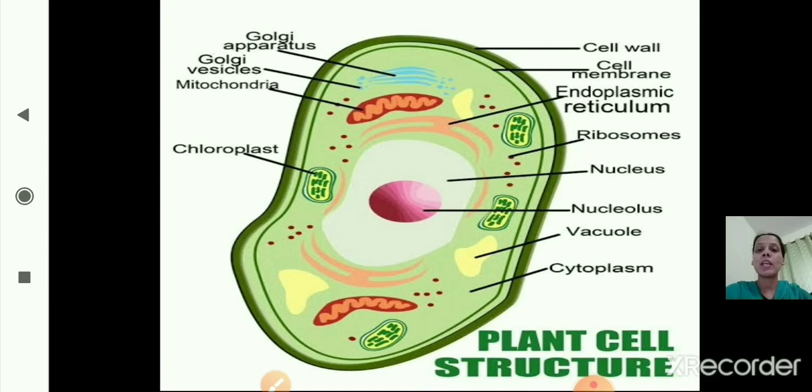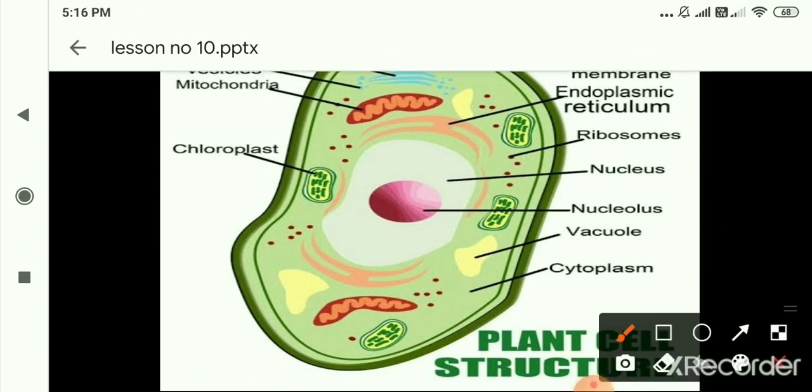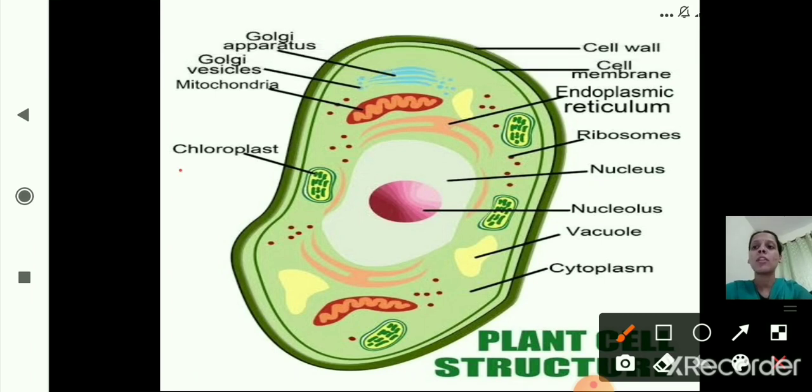Now as you can see here, this is the structure of plant cell. Okay, you have studied this in the previous standard also. So we will see the parts or the components which are present in the plant cell. That is, as you can see here, this is chloroplast. Then see, this is green color, dark green color, as you can see here, this is cell wall.